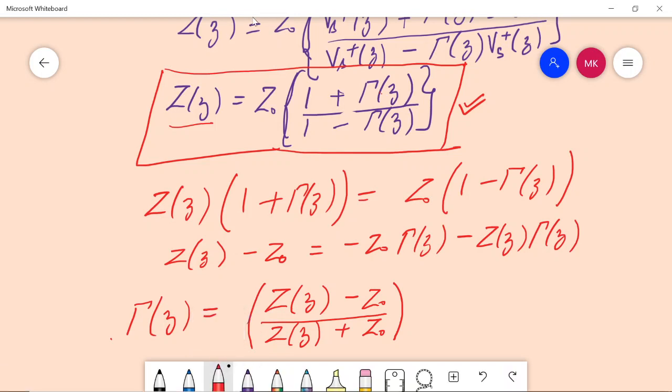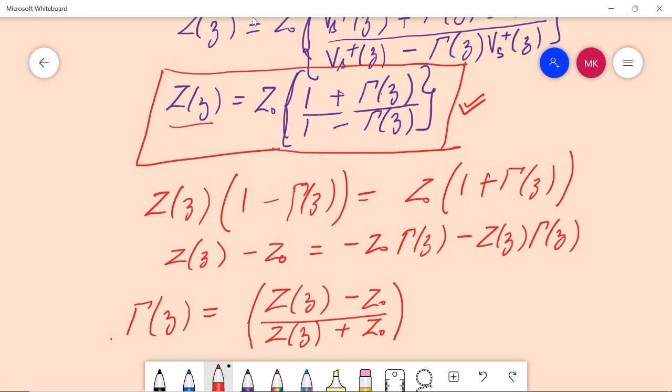If you take the minus, this will be a minus gamma z.